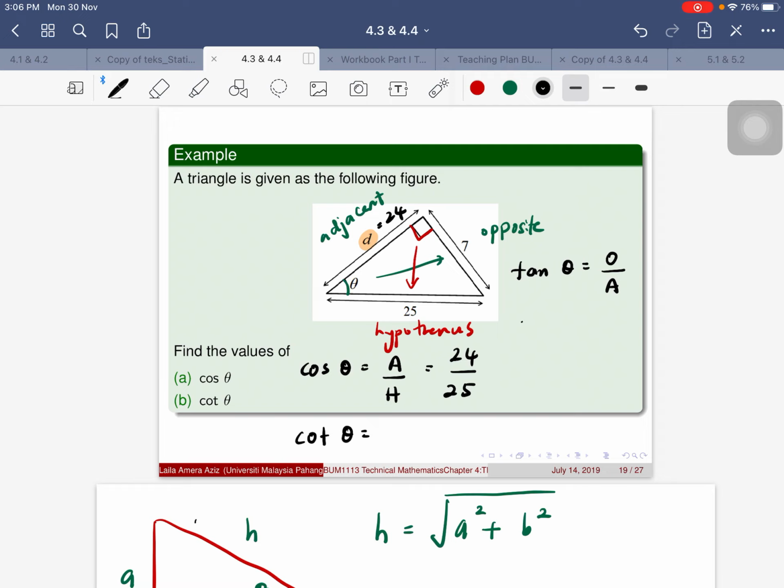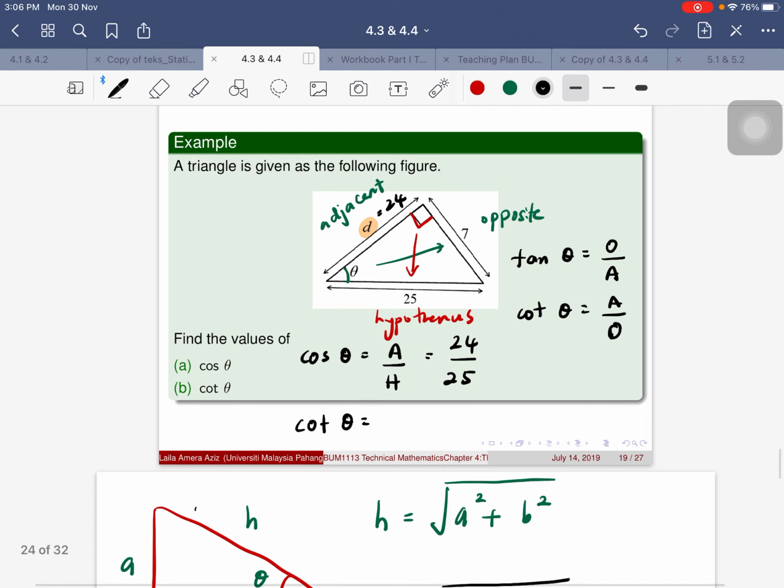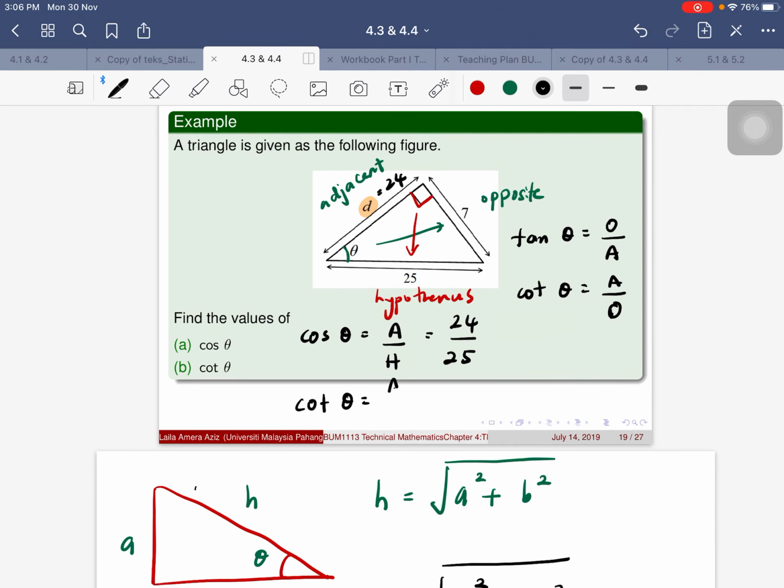So when we have 1 over tangent theta, which equals cotangent theta, it's the opposite way around, adjacent over opposite. For this case, the adjacent is 24 and the opposite is 7. So cotangent theta is going to equal 24 over 7.